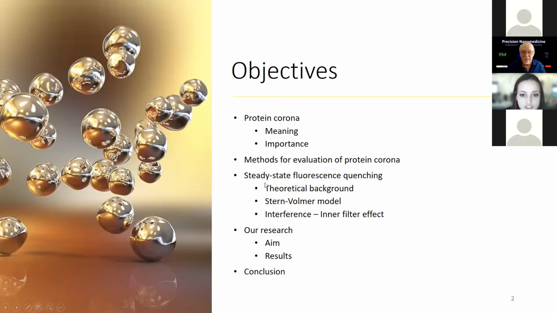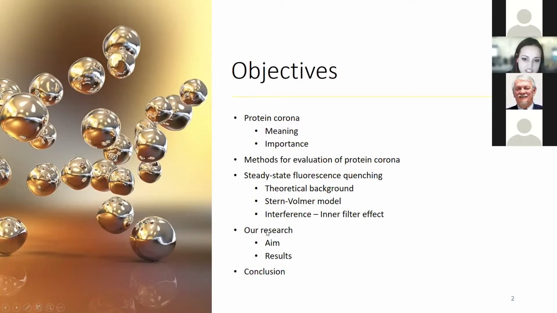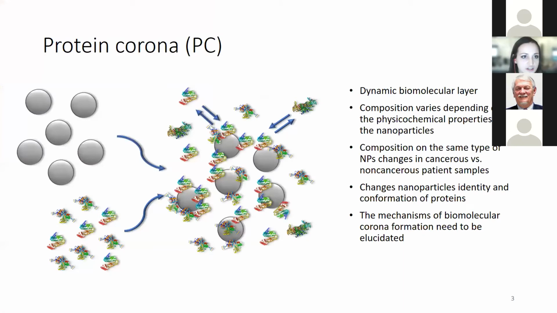And we are going to focus on a steady state fluorescence quenching method that we are using in our lab to investigate nano-bio interactions. Also, I'm going to present very shortly some of our results, and we're going to have some concluding remarks.